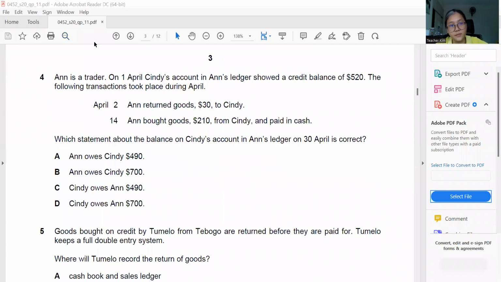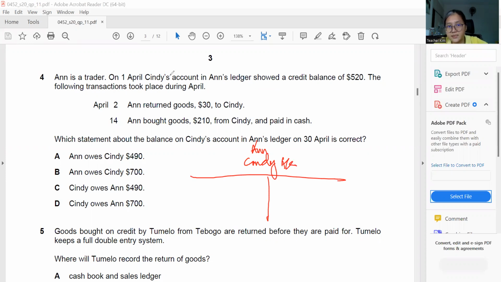Question 4. N is a trader. On 1st April, Cindy's account in N's ledger shows a credit balance of 520. The following two transactions took place. Which statement about the balance on Cindy's account in N's ledger? This is from N's point of view to prepare the Cindy account. So we open the T account.